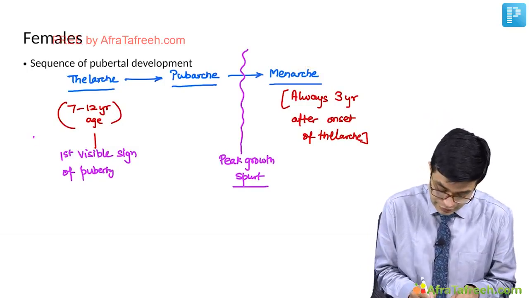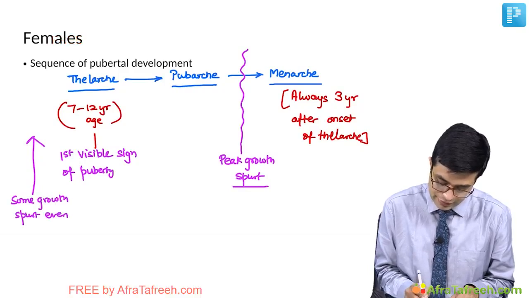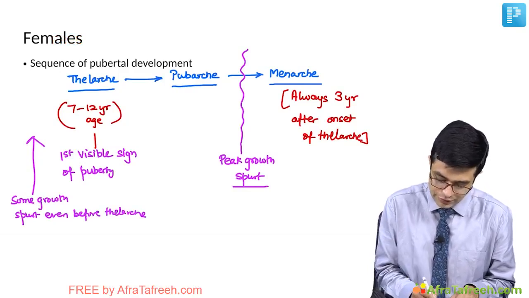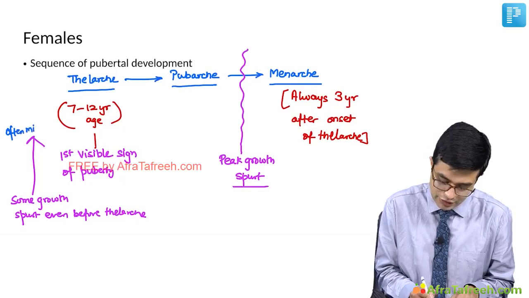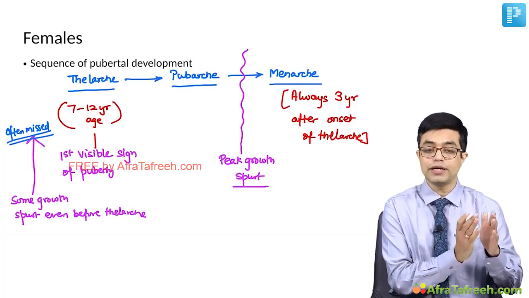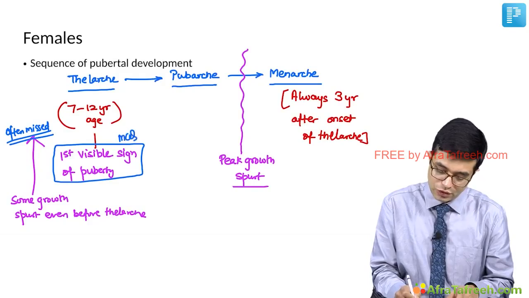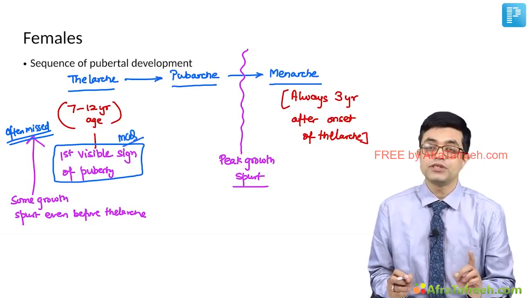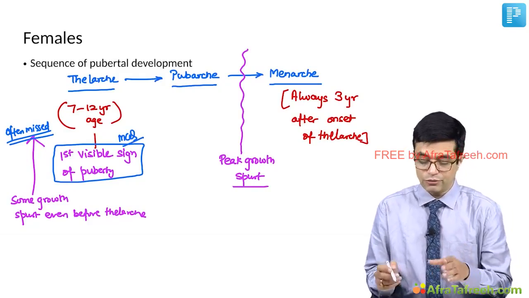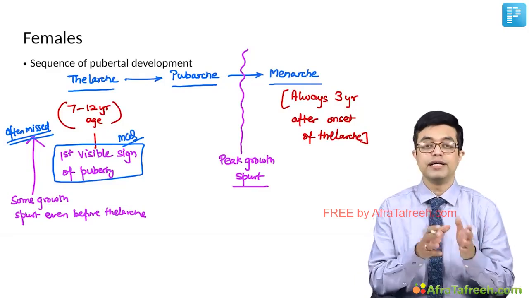Another controversy: you may have some growth spurt coming even before thelarche, but it is often missed and it is not considered to be the visible sign of puberty. So if the MCQ asks what is the first visible sign of puberty, this MCQ has been asked not only in NEET PG but in super specialty also. That will be thelarche, then pubarche. Where does the peak growth spurt occur? Peak growth spurt occurs between pubarche and menarche.